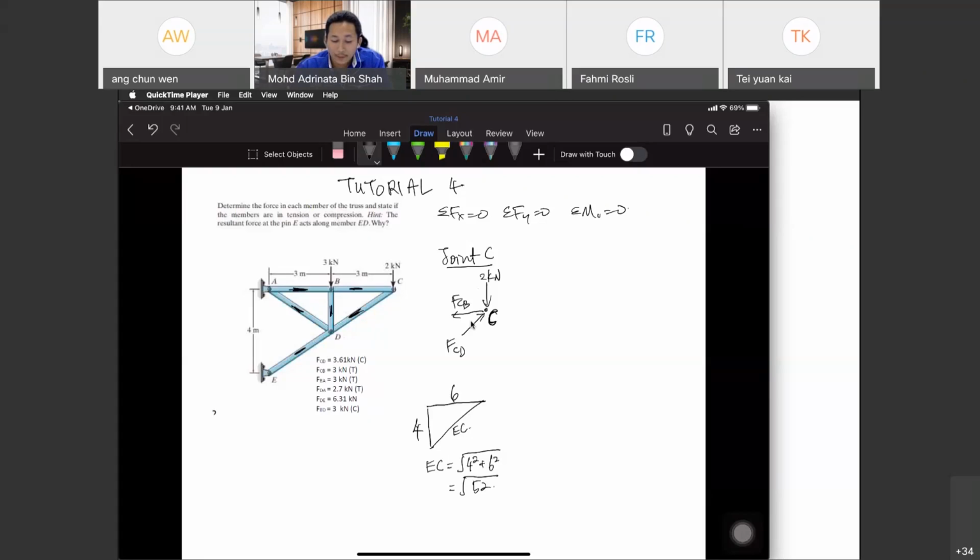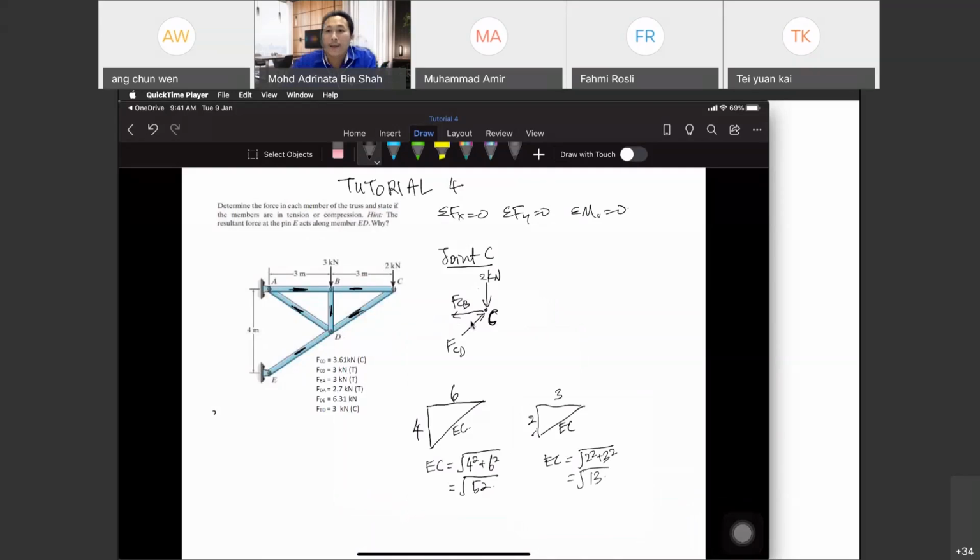It is also proportionate to 3 and 2, so the length is the square root of 2 squared plus 3 squared, 13.